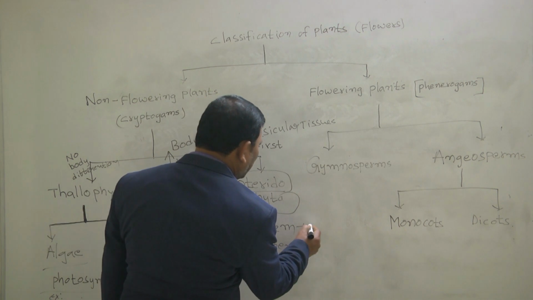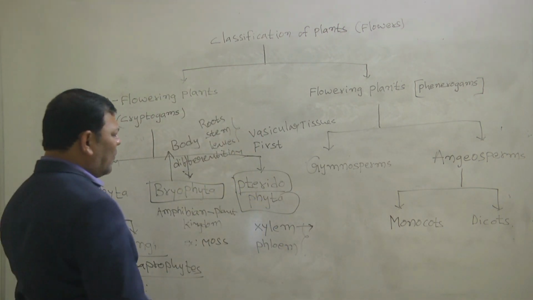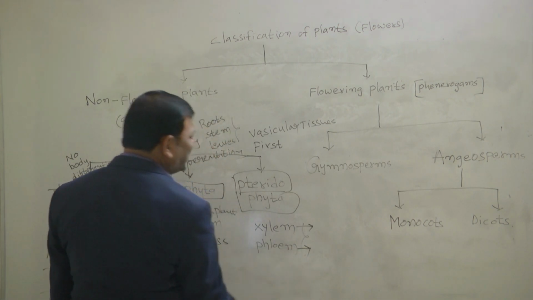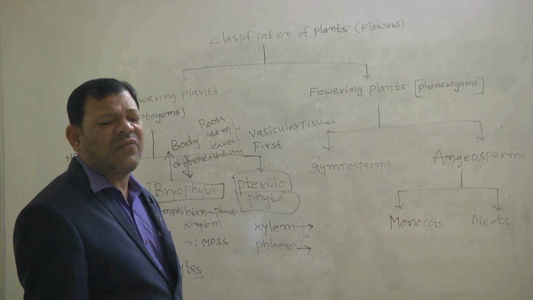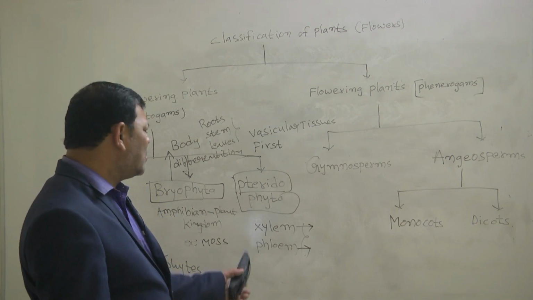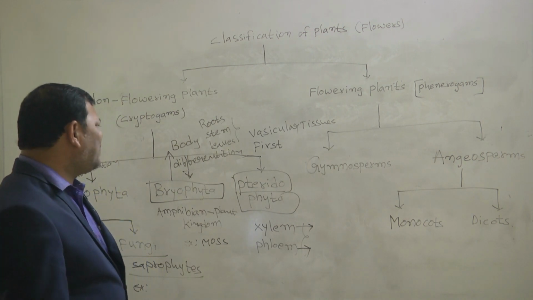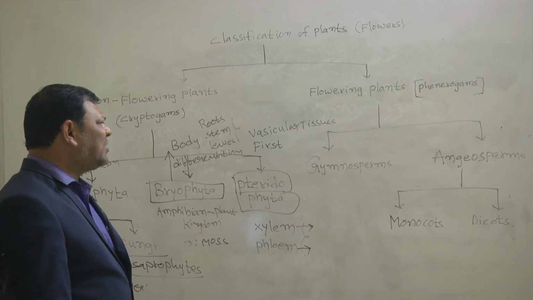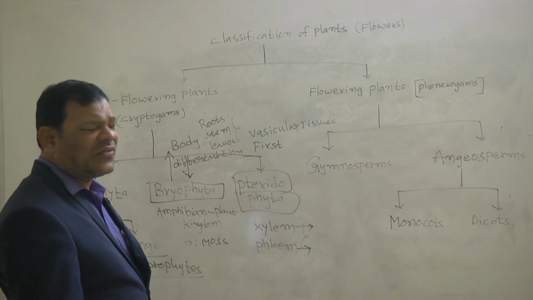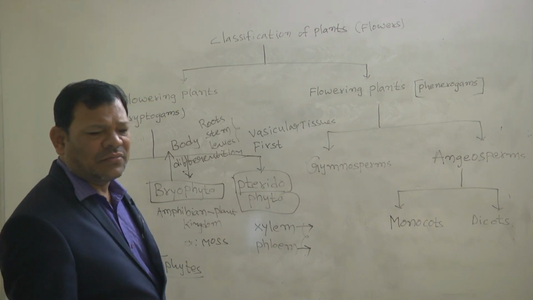Xylem helps in the conduction of water and minerals from the soil. Food is prepared in the leaves, and that food is distributed to the different parts of the plant body through the phloem. So the first time we see vascular tissues or complex tissues is in the Pteridophyta phylum.